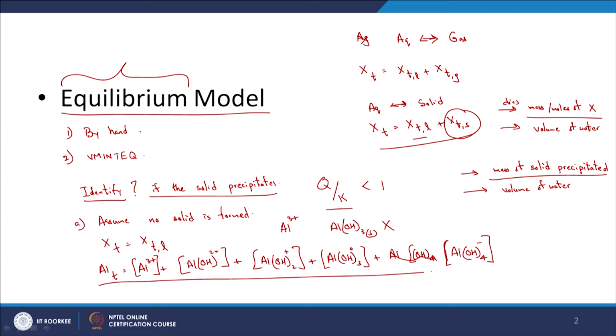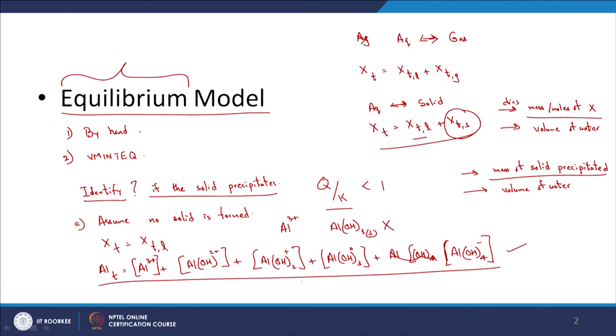I am going to solve for this the usual way, this is more or less just your aqueous complexes. Once I get the relevant concentration of Al3+, I can calculate Q by K for that particular equation, as in Al(OH)3 solid in equilibrium with Al3+ and 3OH-.